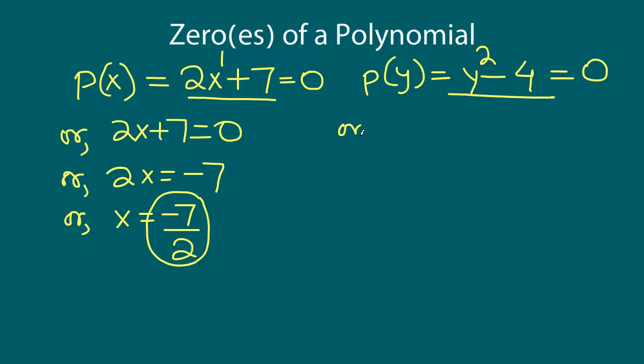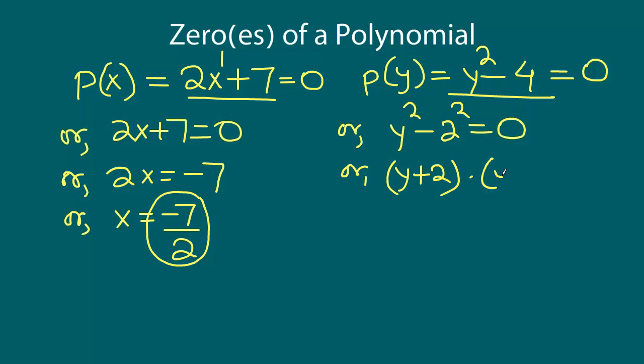So we have y squared minus 4 equals 0. We can write y squared minus 4 as y squared minus 2 squared equals 0. Now this is in the form of a squared minus b squared, which we can expand to say (a plus b) times (a minus b) equals 0.